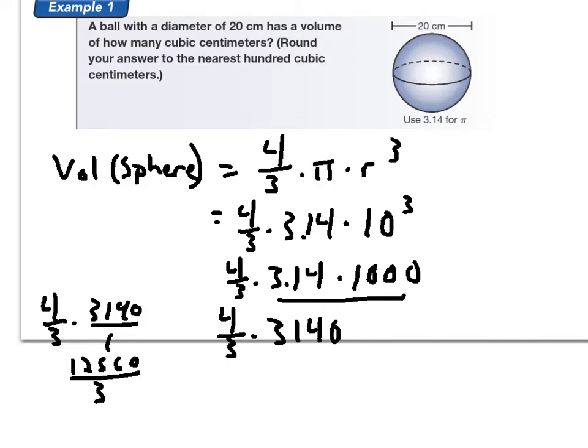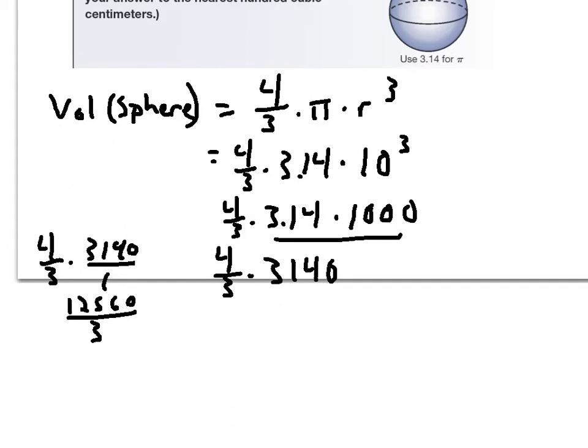Now again, a lot of times I told you if you can't simplify to go ahead and leave your answer like this. However, in this case, it says round to the nearest 100 cubic centimeters. Alright, so that means I actually need to divide this out. So I'm going to take 12,560 divided by 3, and then round it off to the nearest 100, okay, cubic centimeters.